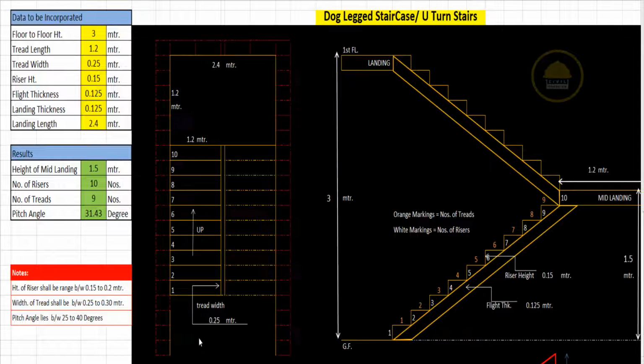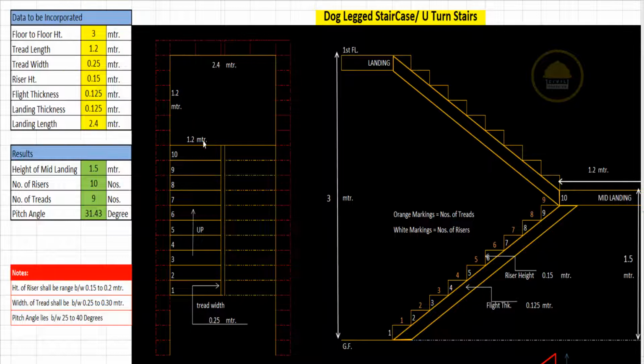The staircase has these steps or treads, and this is the landing. These steps are used for achieving the height from ground floor to first floor, or first floor to second floor, and so on.